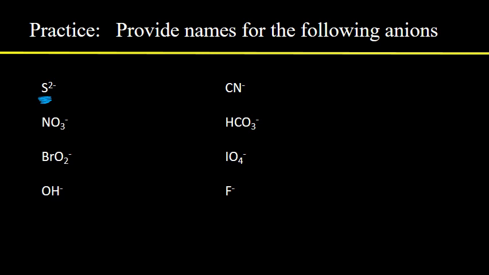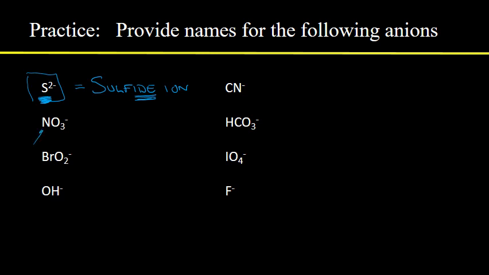So sulfur is going to add 2 electrons to acquire a -2 charge, right? And that's exactly what we've got here. So for that simple anion, all we do is change the end of the element to -ide and call that a sulfide ion. Okay.